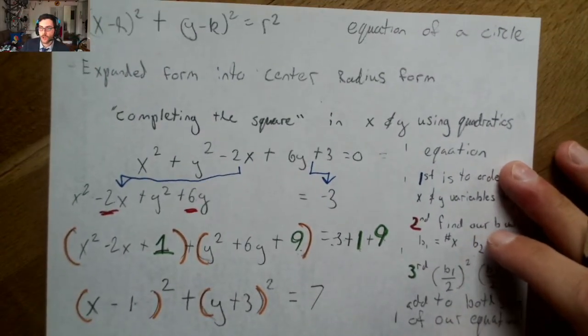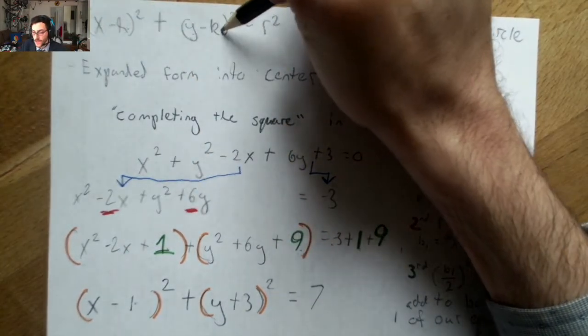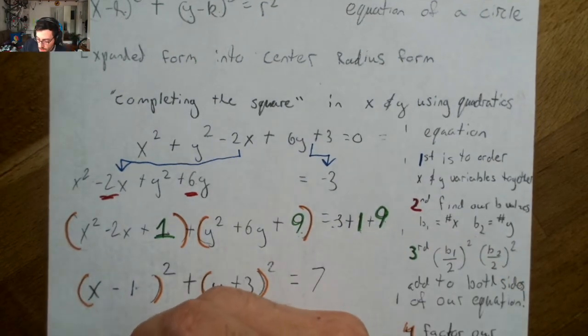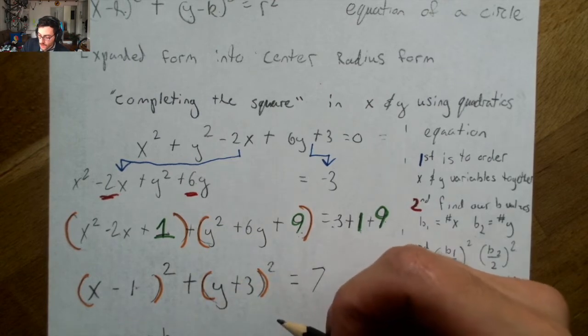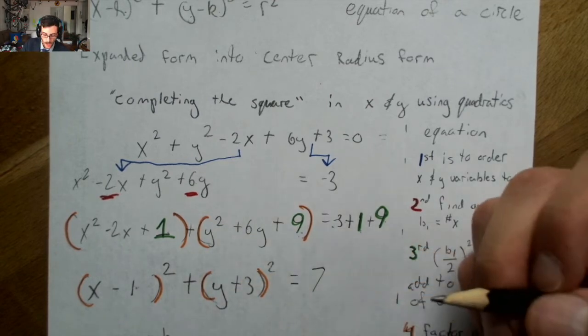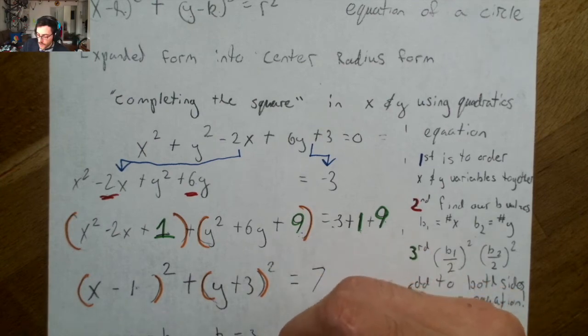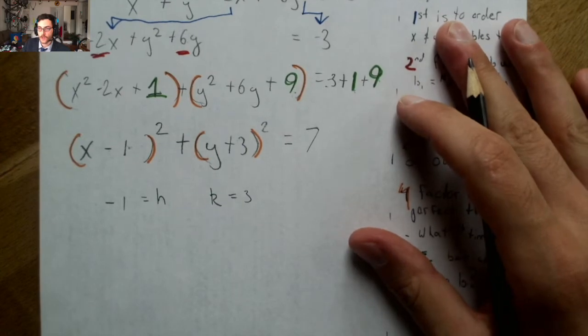Based upon our original equation, we have x minus h, y minus k. Down here, we're basically just going to say that negative 1 is going to be equal to our h value, or that point on the circle. K is going to be the y value of the point on the circle.